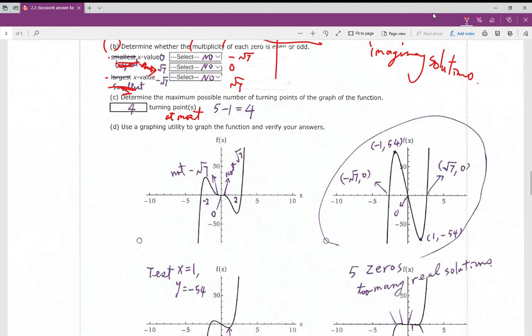But actually, we don't have that many, because you only find 3 x-intercepts. Therefore, you have only 2 turning points in this case. So 3 minus 1, and 5 minus 1 is the at-most value. In the real situation, there are only 2 turning points: 1 maximum, 1 minimum.